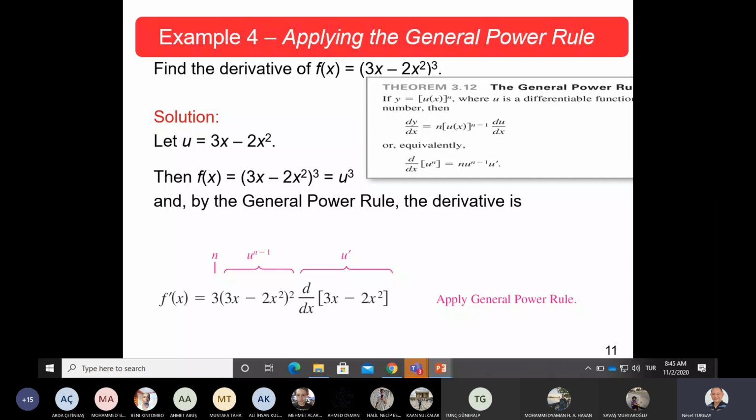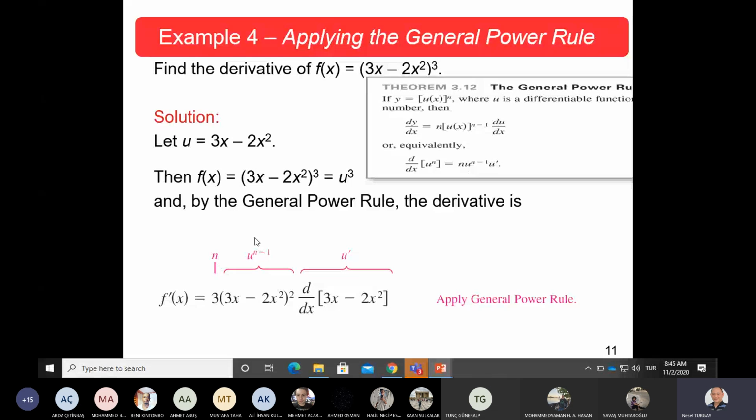The variable is u. Last time we learned what? 3u squared, 3 times u to the power 2. Am I right? Yes. But now this is not the answer because u is a function of x, so we should continue. You need to multiply also by the derivative of u, whatever you write.